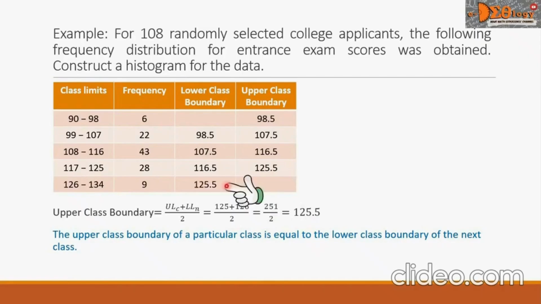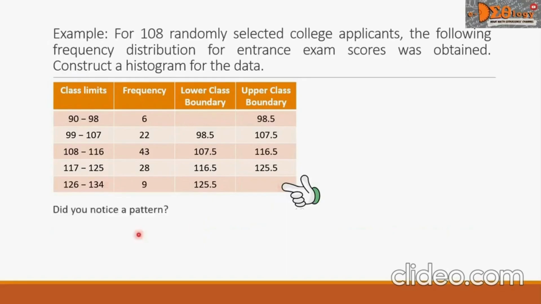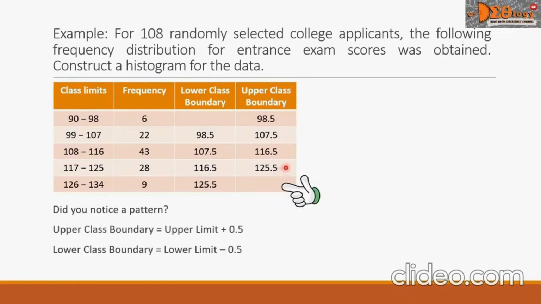And there we go. Then let us compute for the upper class boundary of the last class. We may use our same formula here. But did you notice a pattern here? Looking at the upper class boundary, it seems that the upper class boundary is equal to upper limit plus 0.5. Look at this 98.5.